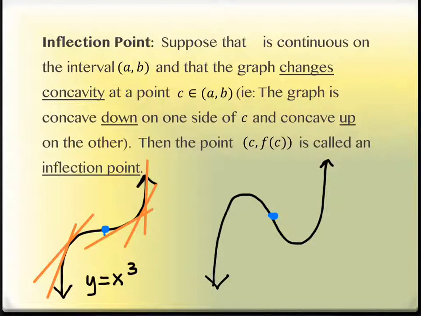Okay? So think with me for a second here, because we're about to hit it. Think what happens when we're changing concavity. We just said on the previous slide that if it's concave down, what can you tell me about the second derivative? It's negative. Very good. And over here, it's concave up. What can you tell me about the second derivative?